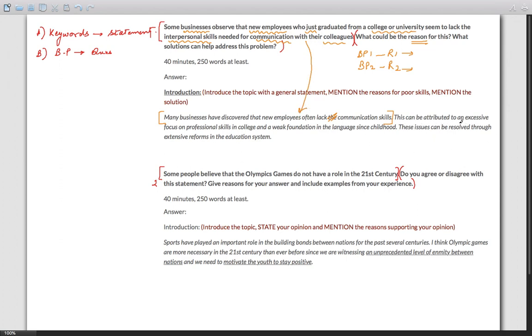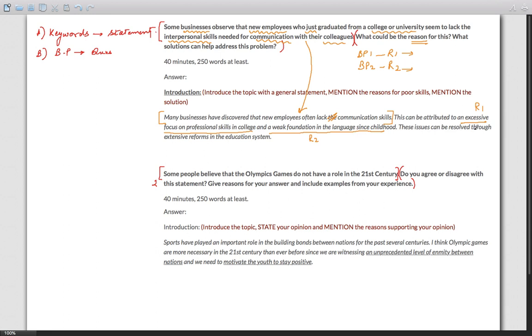This can be attributed to an excessive focus on professional skills in college and a weak foundation in the language since childhood. So I have given two reasons, reason number 1, reason number 2. These are the two reasons which I will explain in the body paragraphs.